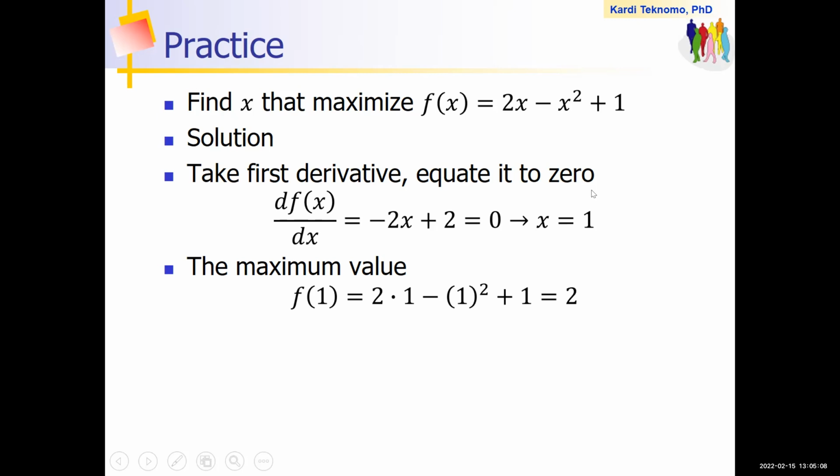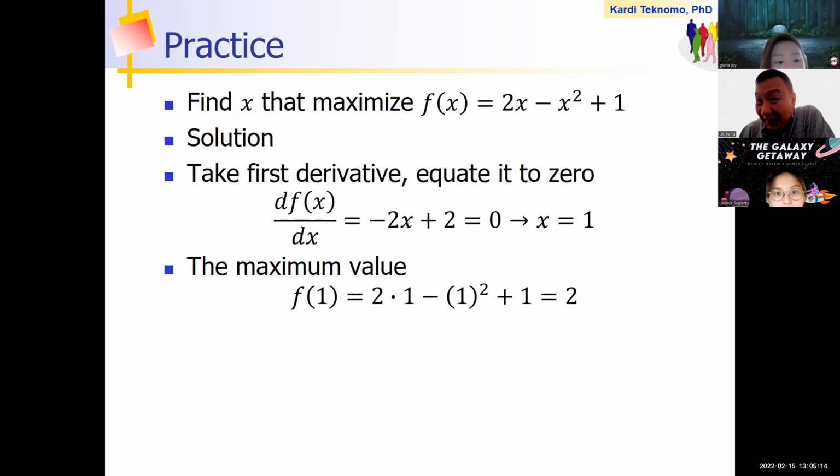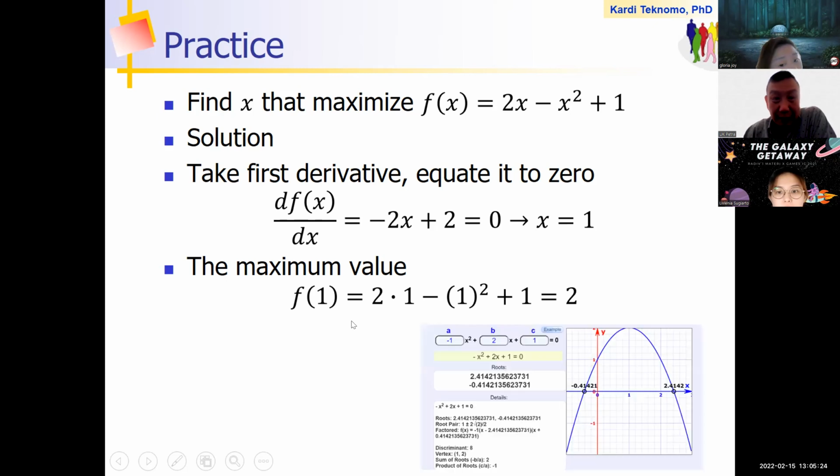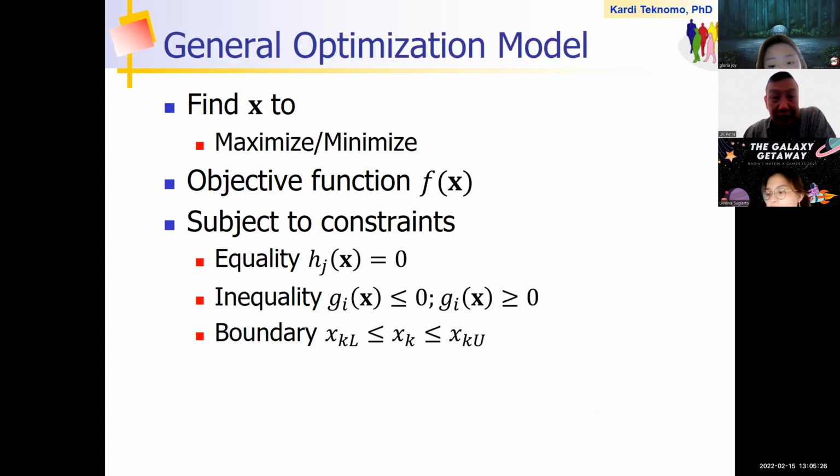The second derivative must be positive or negative in this case. If you want to maximize, is the second derivative positive or negative? Negative, yeah.